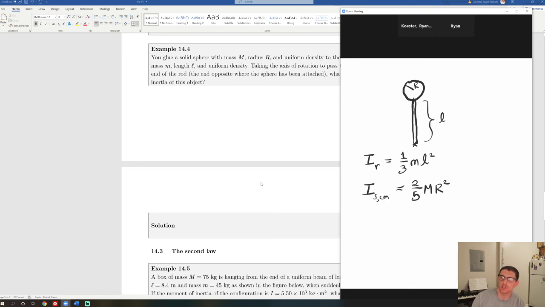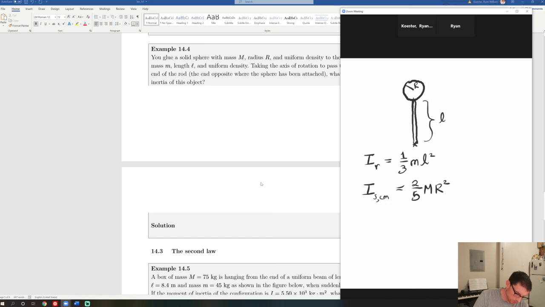Now, we don't actually need to touch the moment of inertia of the rod because it already is given for the axis that passes through the rod's endpoint. But we do need to adjust the moment of inertia of the sphere using the parallel axis theorem, right? And so let's remember what that is. I'm going to write it more specifically this time.